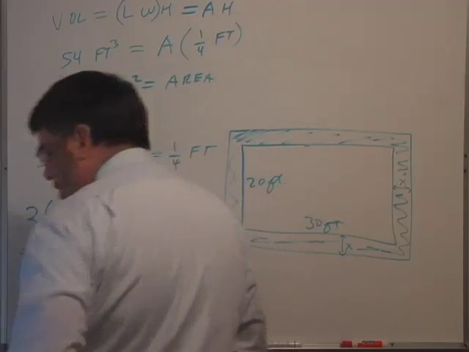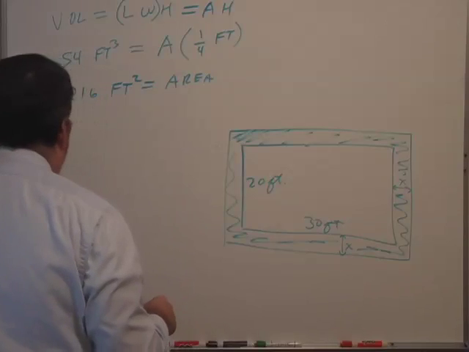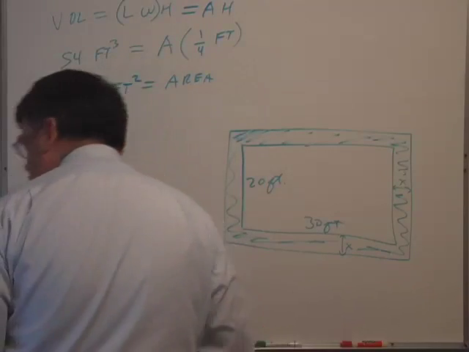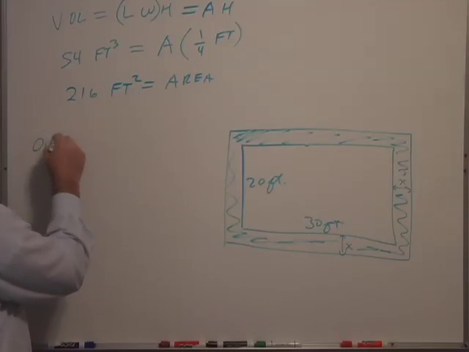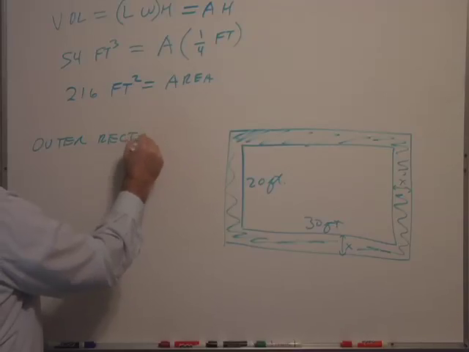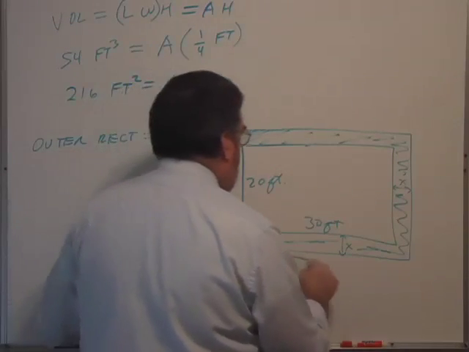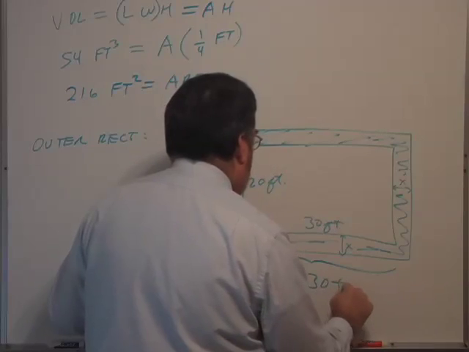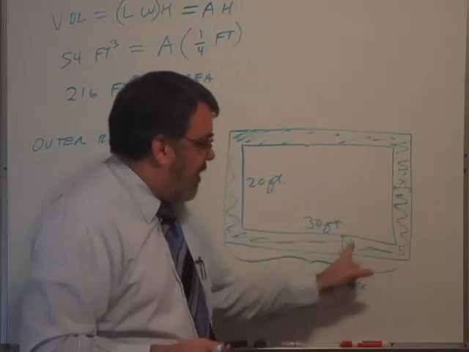The outer rectangle, so the outer rectangle has what area? All right, well, it's going to be 30 plus 2x, because I'm adding x to both sides of 30.